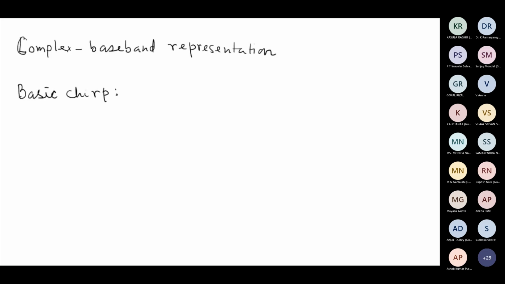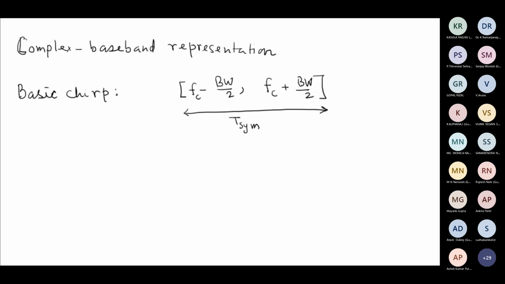Its speciality is that it starts at the lowest possible frequency fc minus bw by 2, and of course it has to go all the way to fc plus bw by 2, because every chirp has to span a total range of frequencies equal to the bandwidth, and that has to be done over a period equal to Tsym.